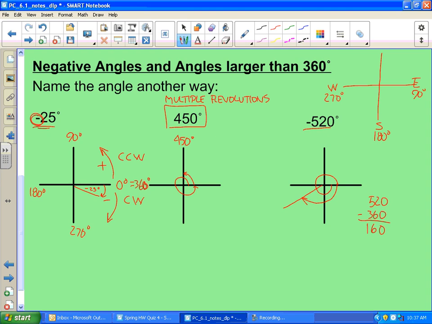Negative 180 takes me back to the horizontal. So if I drew something like that, where you see the arrow going clockwise, you know it's a negative angle. Otherwise, we would have to write, hey, that's a negative 520 degrees in here if we're supposed to be dealing with negative angles, right? So one of those two ways, either how we rotate it, or actually physically see the negative in front of the angle.